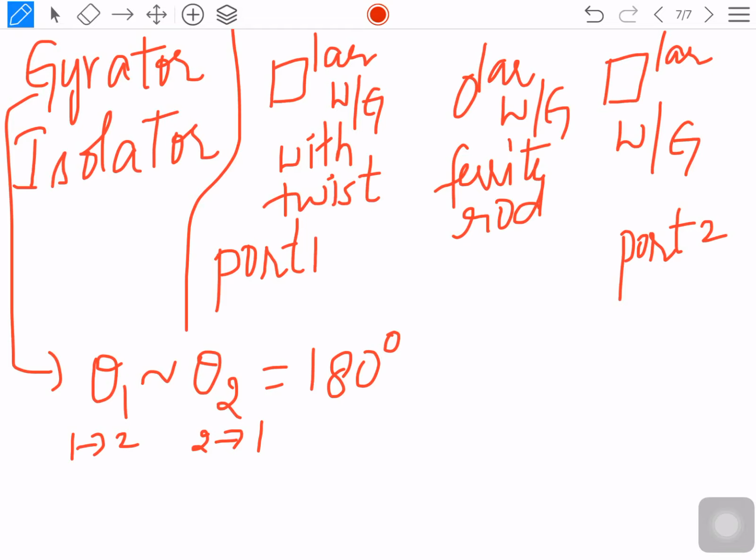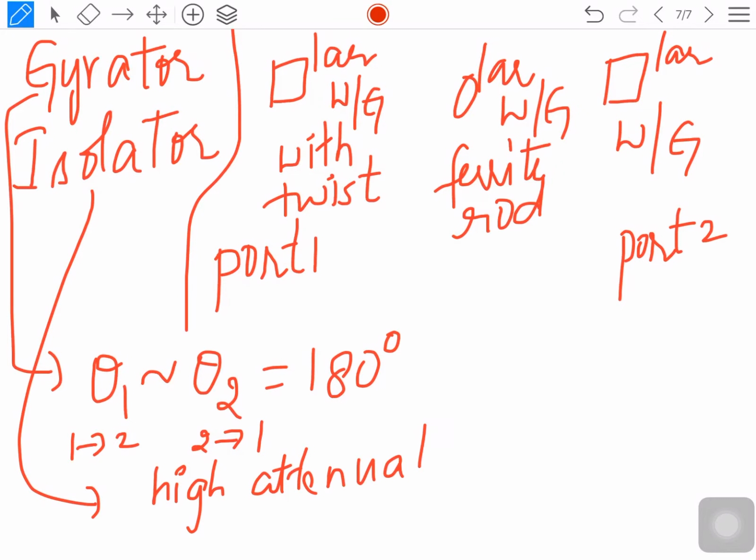And coming to the isolator, whenever you want high attenuation for the signal passing from 2 to 1, and very low attenuation from port 1 to 2, then you will make use of an isolator. These are the two basic devices which are used for transmission purposes.